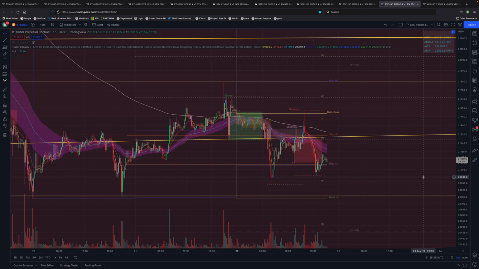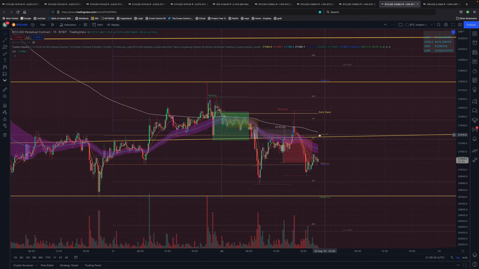Is it where it says wide day high and wide day low? Is that the psychological high and low? This one here. No, that is yesterday's high. So this is yesterday's high, and this is last week's low.